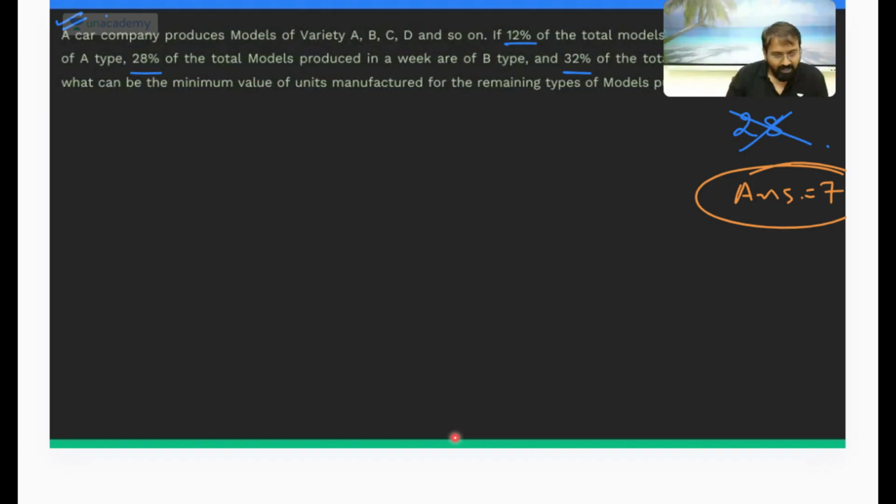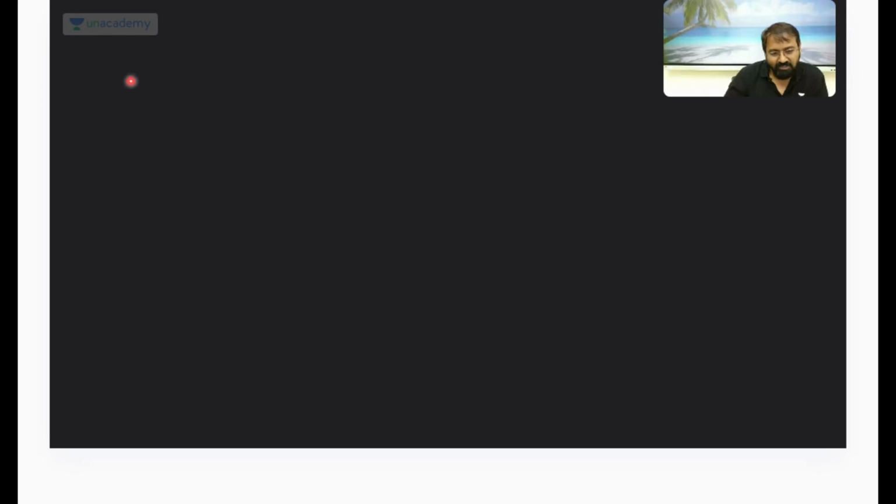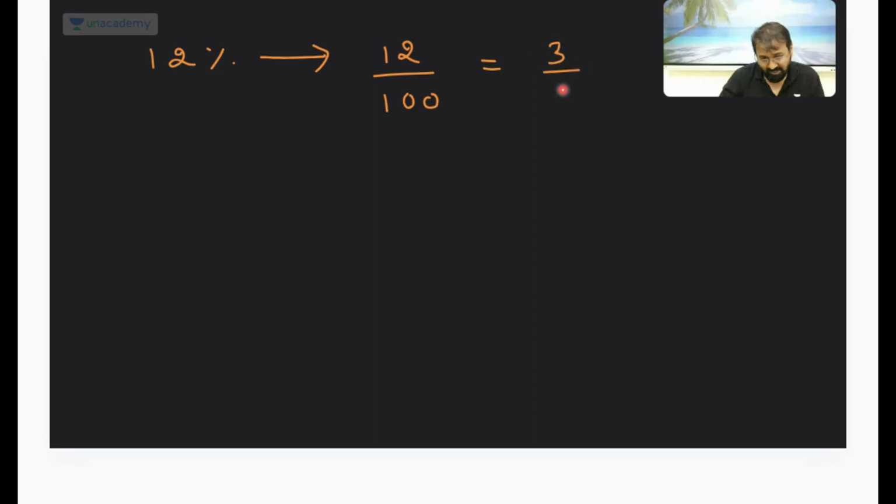First of all, guys, what is the fraction equivalent to 12%? Can I say 12 by 100? Or you can say 3 by 25? Yes, everyone? Do you all agree? 12% can be written as 3 by 25. Okay.